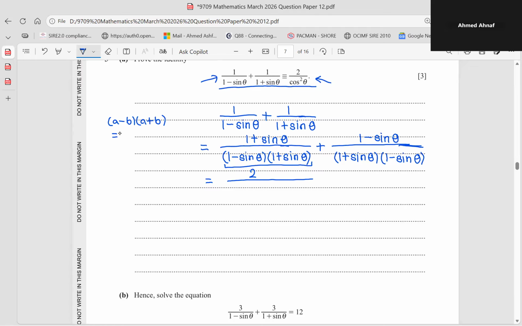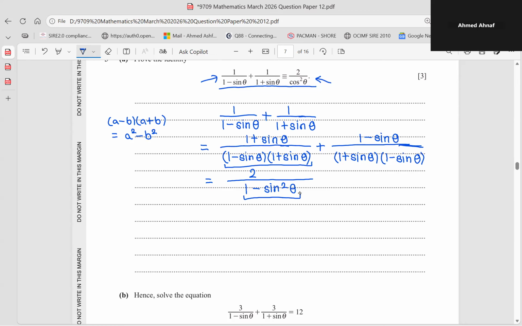And we know that this is basically just a difference of squares, which can be simplified to a squared minus b squared. Okay, so I can write it down as 1 squared, which is just 1 minus sine squared theta. Okay, so 1 minus sine squared theta.